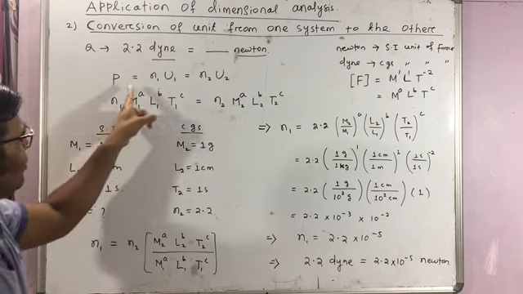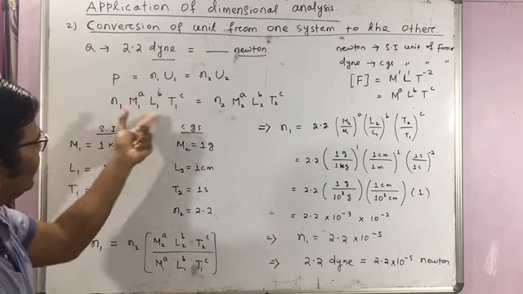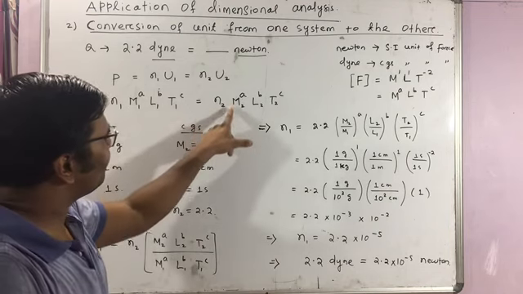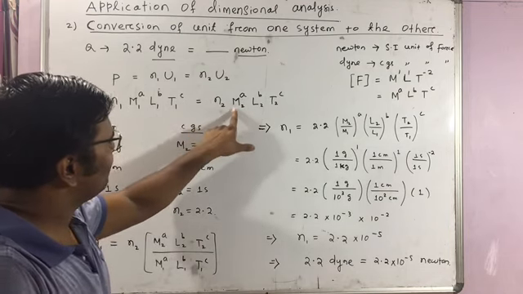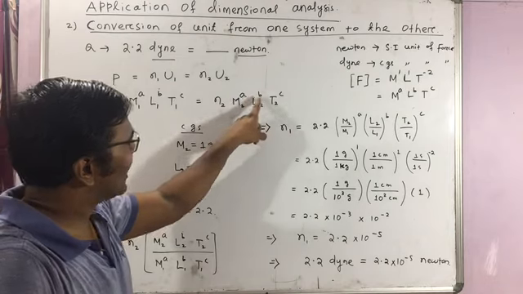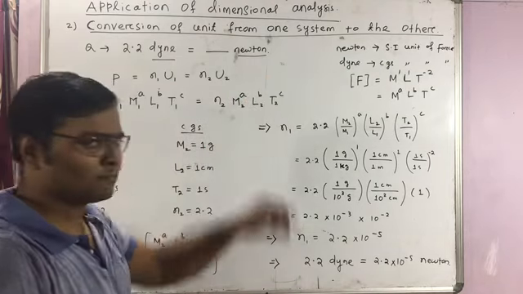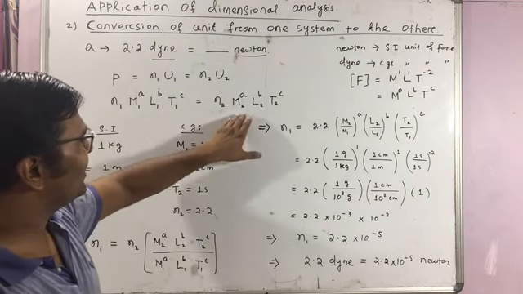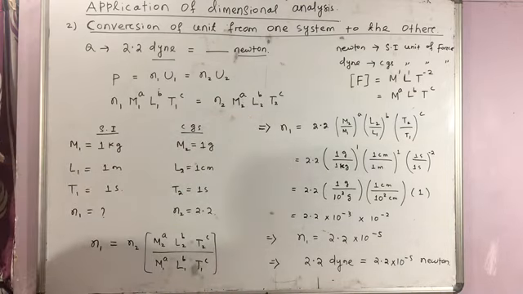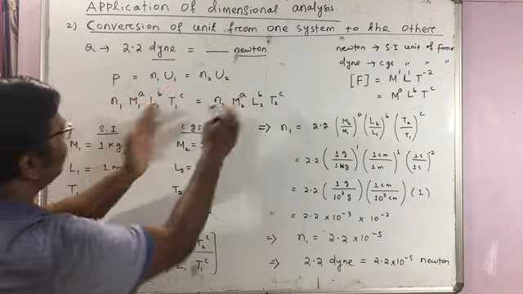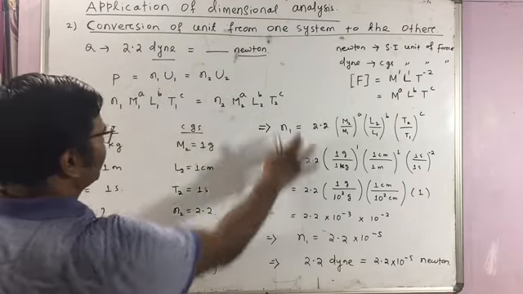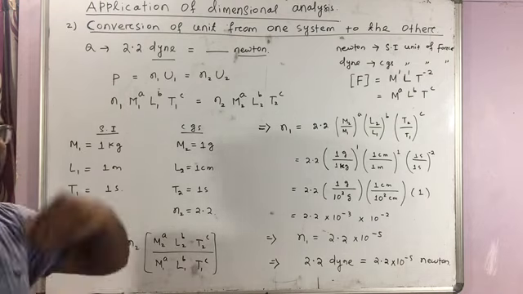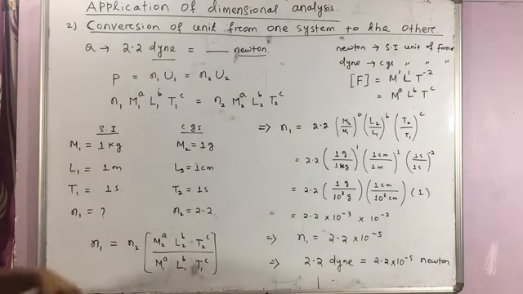So n1 multiplied with the base units of the first system raised to the dimension must be equal to the numerical value in the second system with the base units raised to the dimension in that system. M2, L2, T2 are the base quantities in the second system. Clear? On the left side and right side the dimension is a, b, c. It is not going to change, though you change the system of unit.